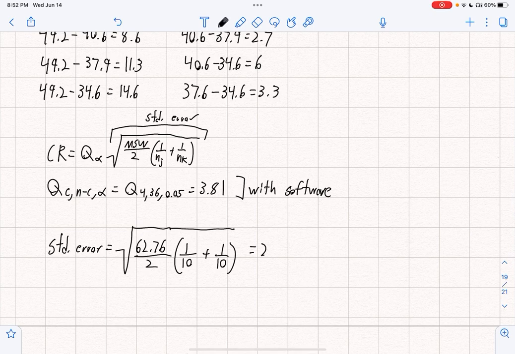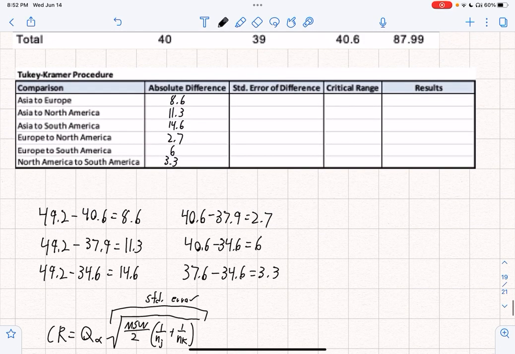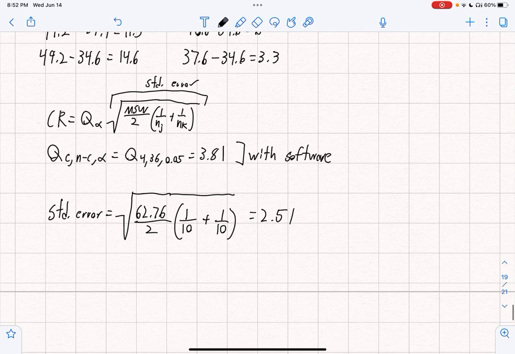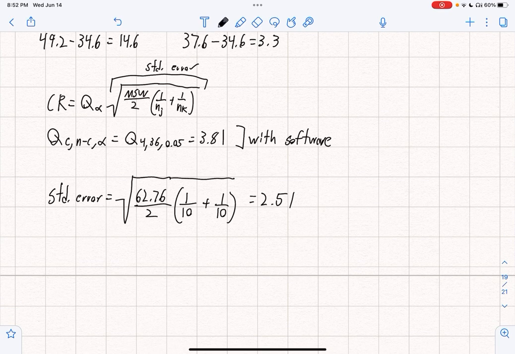And I get 2.51. So using this table, the standard error, I'm going to put 2.51 all the way down. This is perhaps kind of a dumb way to do it, but whatever. Okay, so we have our standard error, and now we can actually calculate CR.